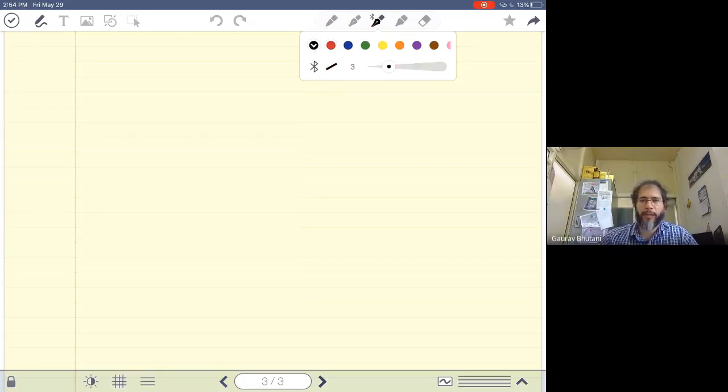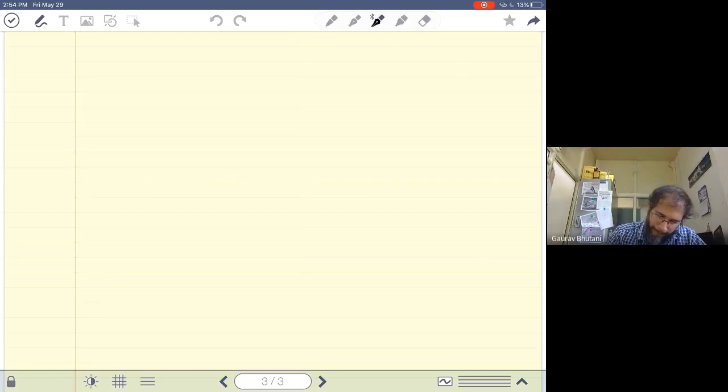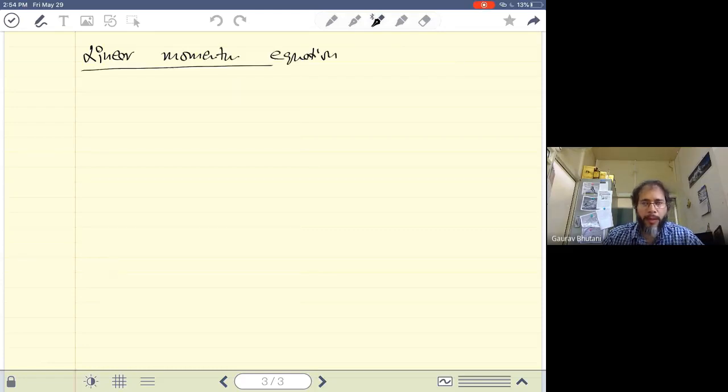Now that we have defined P naught cap superscript n hat, we will write the linear momentum equation now.